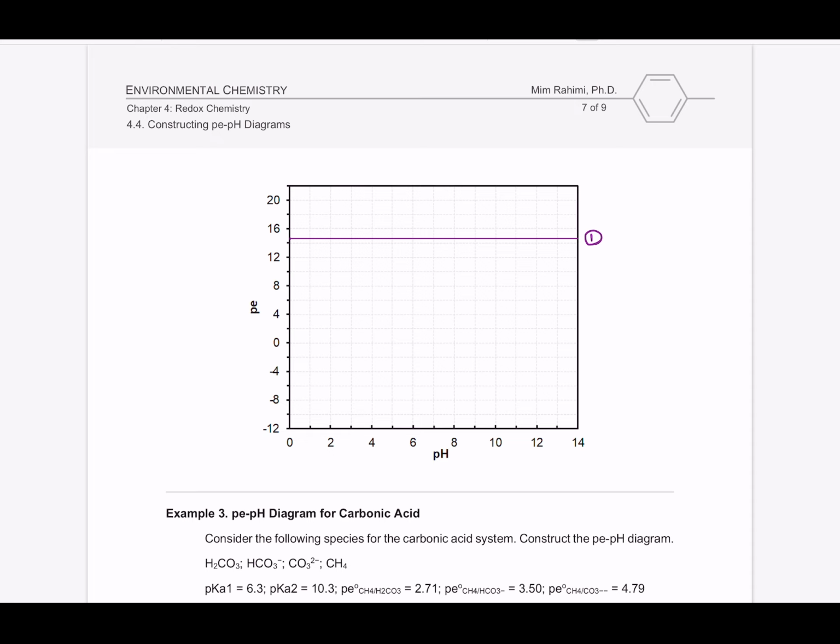Why? You have less electron here, because it's pe, so the higher the value, the less the absolute value of the electron. So more electron activity here means it's pushing more of the Hg2+ to be in the form of Hg. So we get more Hg liquid here and Hg2+ here.